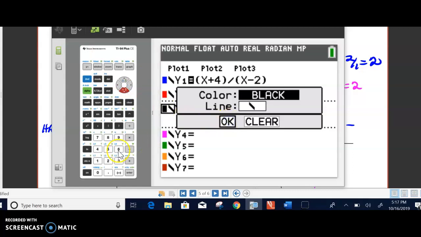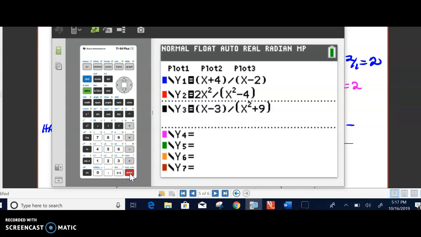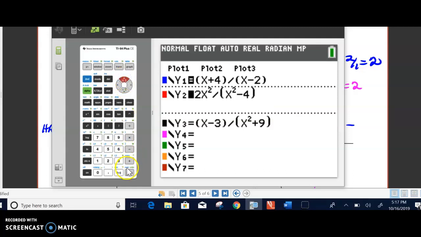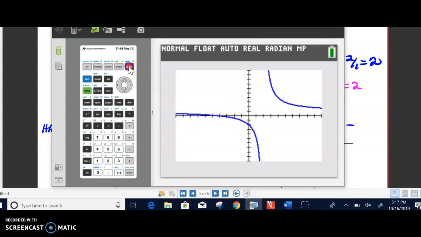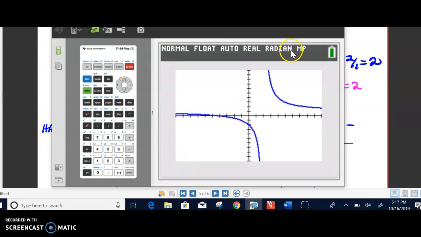Maybe if I press enter. There we go. I don't know what that meant. However, I want to go over here and press enter and turn him off. Then I'm going to go up and press enter and turn him off so I can only graph the one at the top. Okay, so here is the graph of that function.